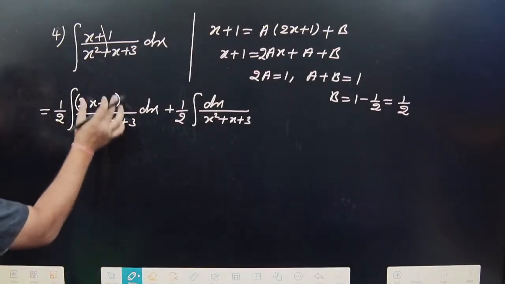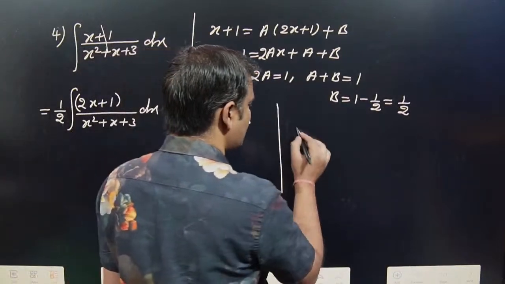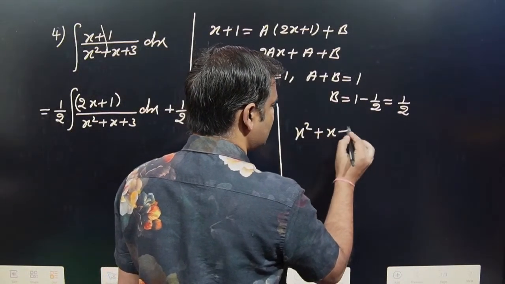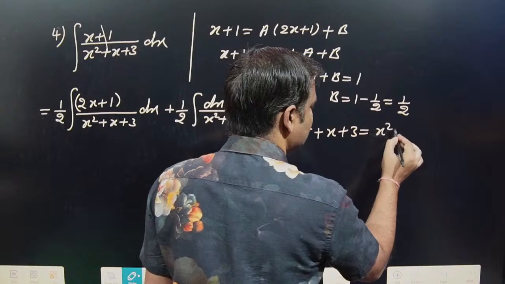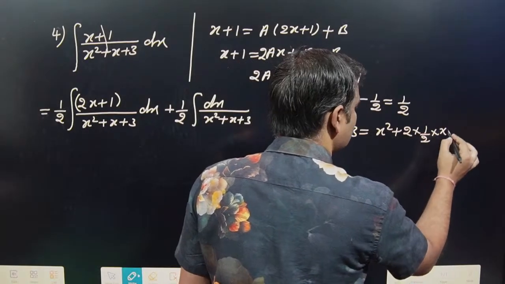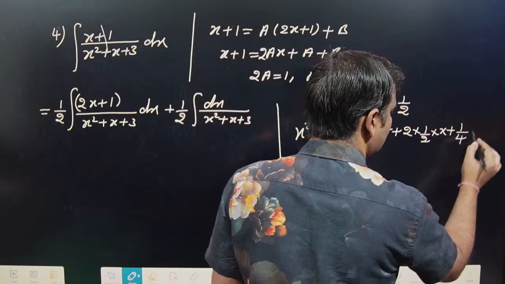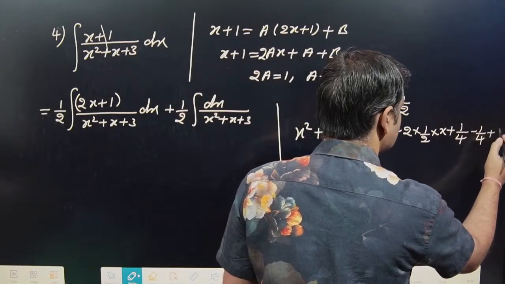If this one is t, that is dt. So how can we solve this? Simply make a perfect square. x square plus x plus 3 becomes x square plus 2 into 1 by 2 into x plus 1 by 2 to the whole square, so basically 1 by 4 minus 1 by 4 plus 3.